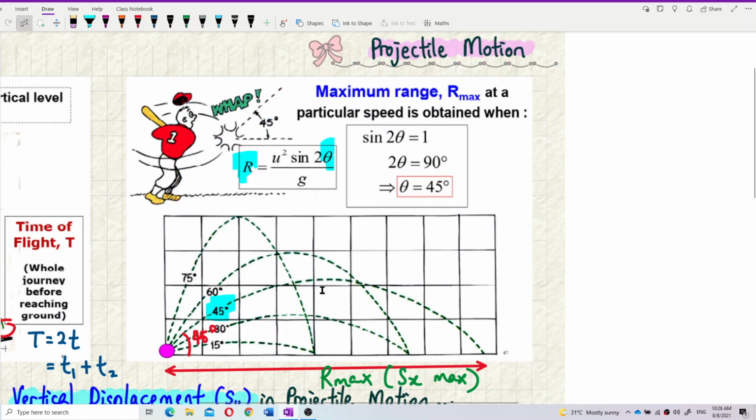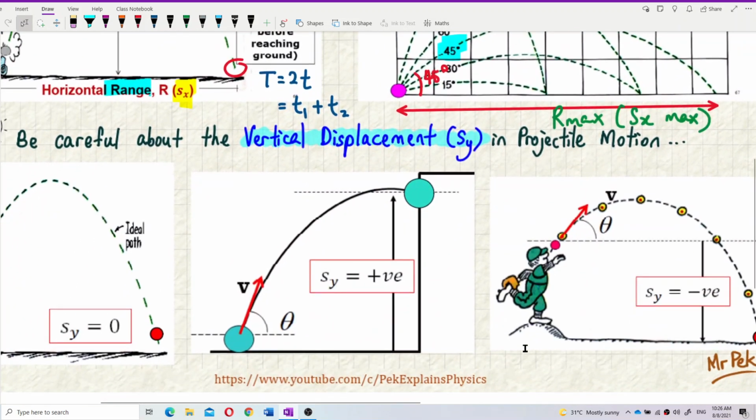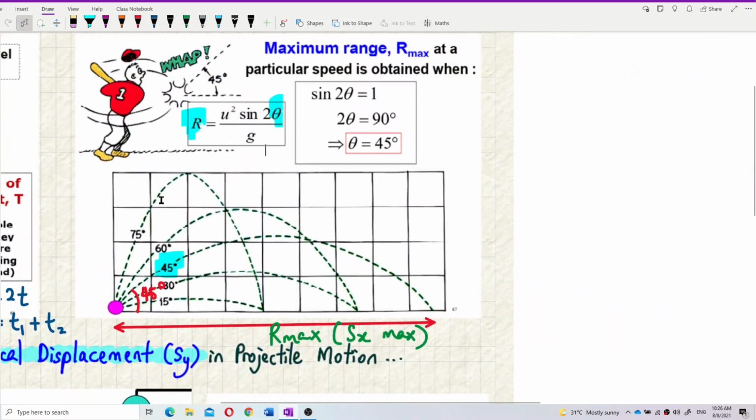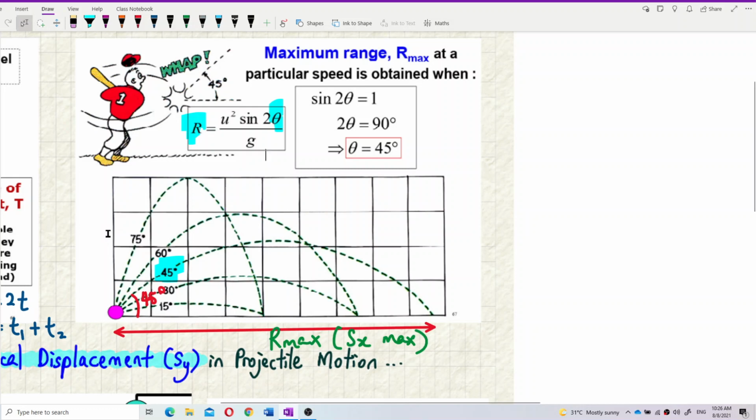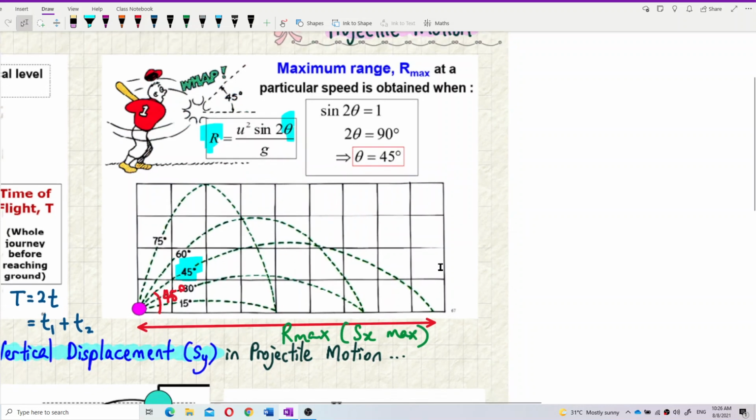I just want you to know that if you want to get the maximum range for projectile motion, you throw the ball or kick the ball at a 45 degree angle, and you will get the furthest distance. If you kick the ball at the same speed, at any angle, the one at 45 degrees gives the maximum range. That's what I want to say.